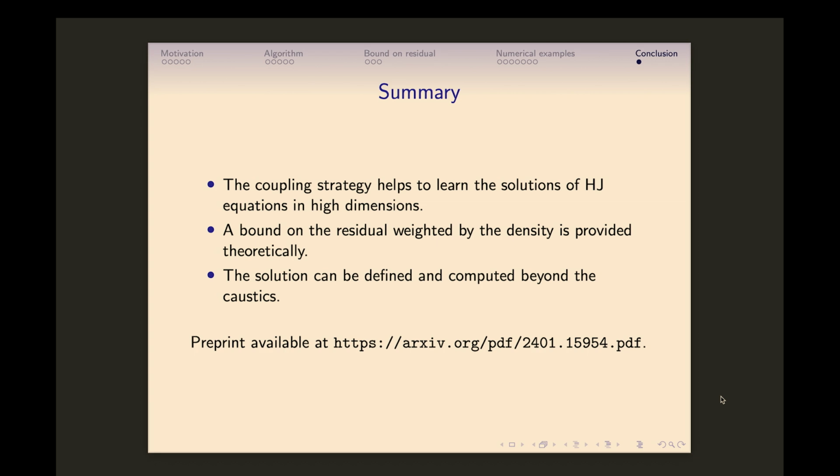How do you define it beyond the singularity? Those become very interesting analytical questions. But also think about the selection of the initial density. This sometimes becomes tricky. The most natural thing is the initial Gaussian or initial mixture of Gaussians or even uniform sampling, the common ones.